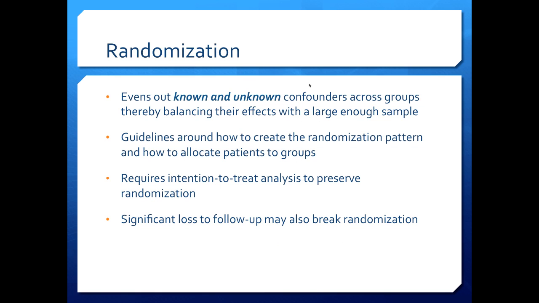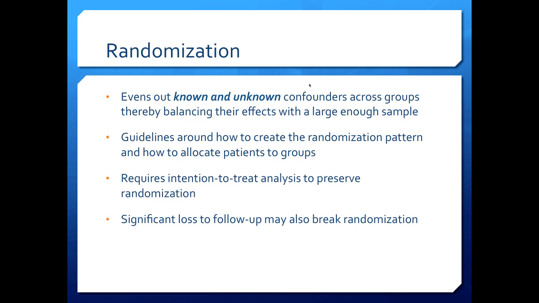The purpose of randomization is to even out known and unknown confounders across study groups, thereby balancing their effect, except with respect to the exposure the researcher is controlling. This is a relatively new technique from the late 1800s, which did not make its way into the world of medicine until the 1950s, where it is now recognized as a superior type of study design.